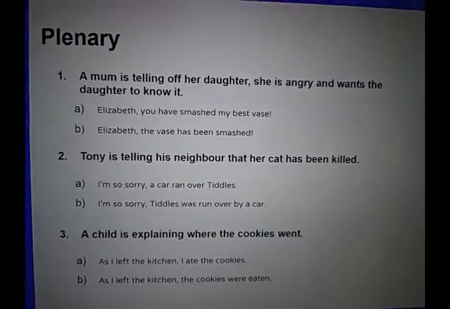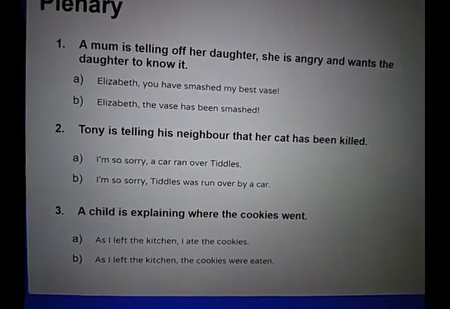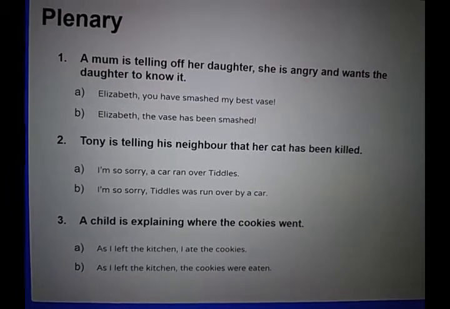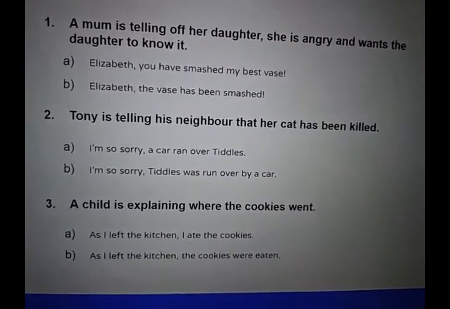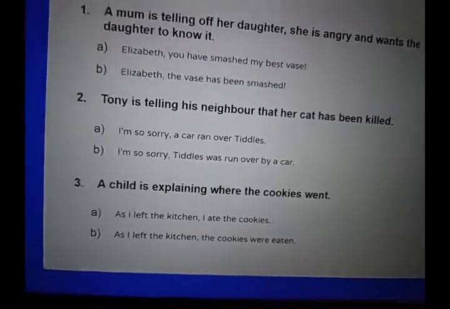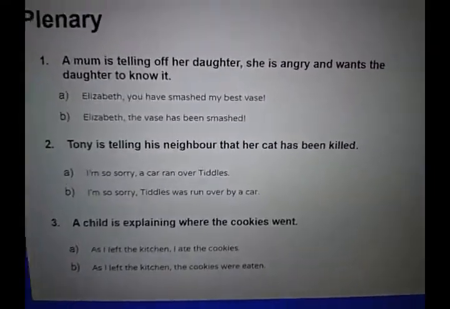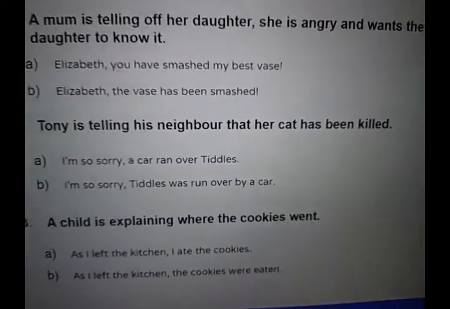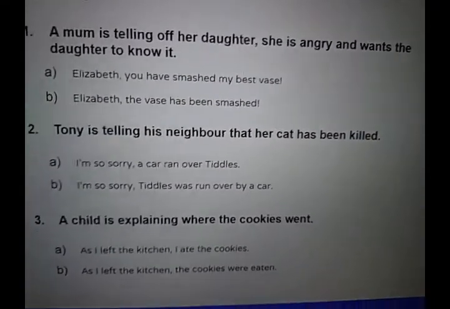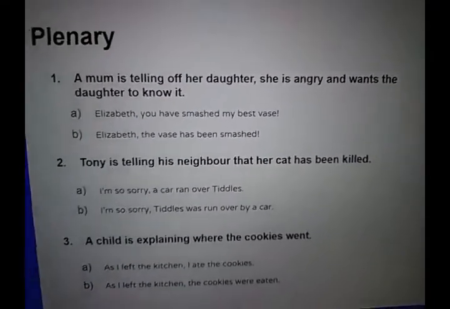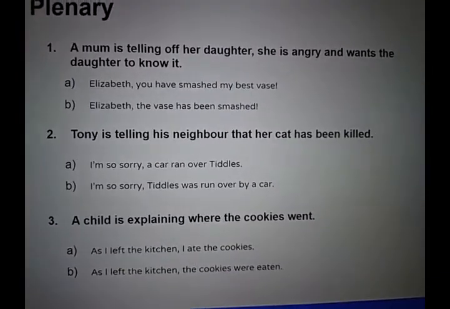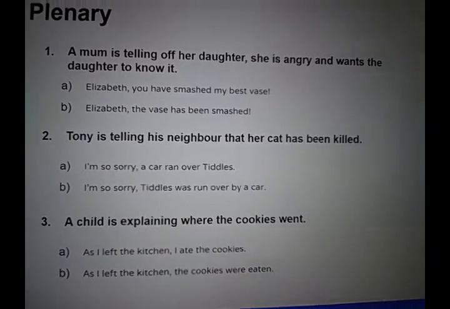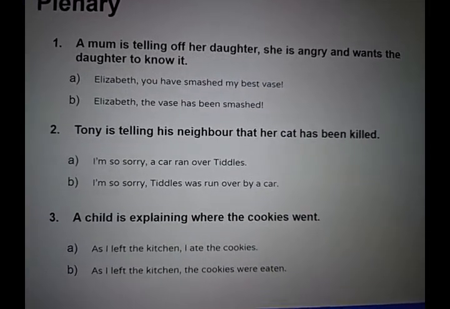If you want the subject to be the most important, you make it active. If you're not sure, or you think they're both important, I would say use active. So only use passive, only put the object first, if the object is actually the thing you want to focus on.